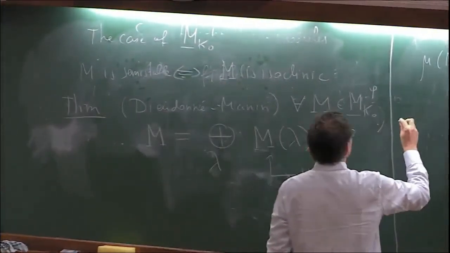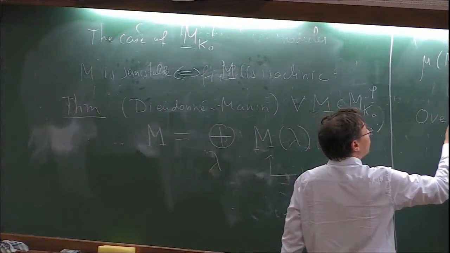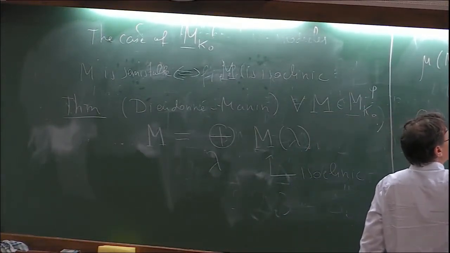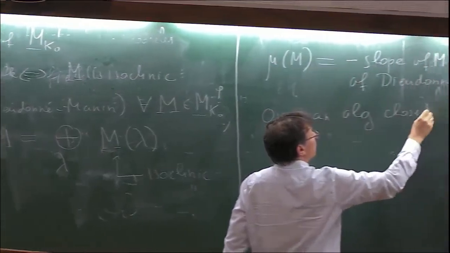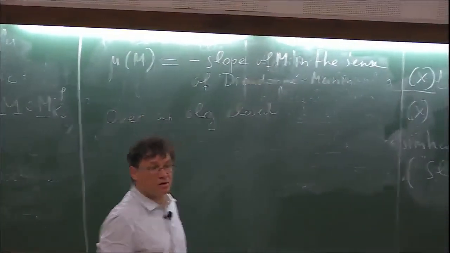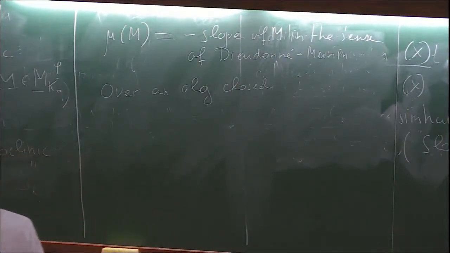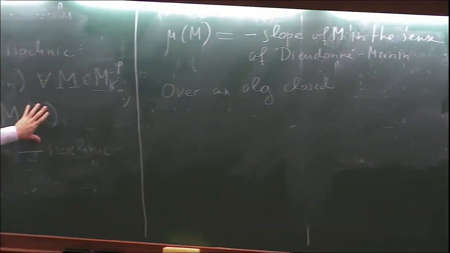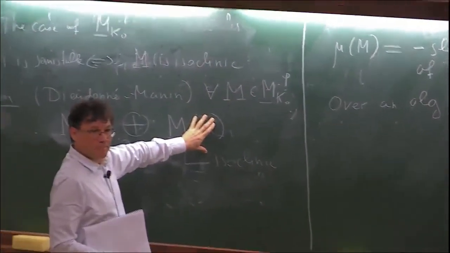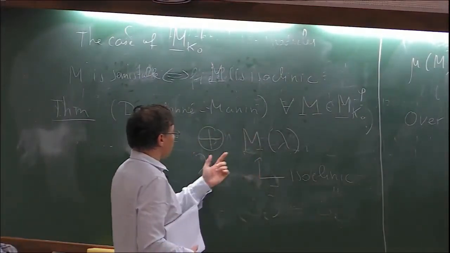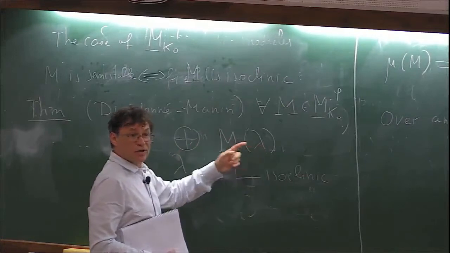And over an algebraically closed field, any module decomposes uniquely into a direct sum of isoclinic modules, for different slopes.